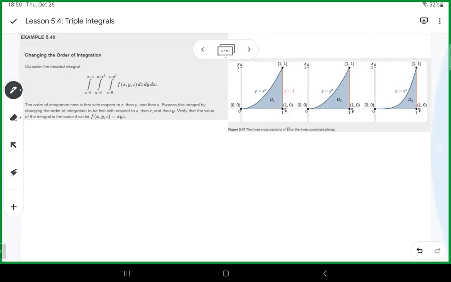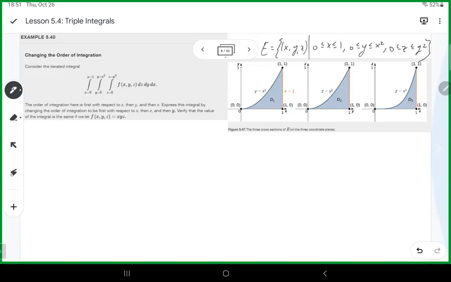Very good. So here is what we know for our E. We have X, Y, Z. We have 0 to 1 for our X. We have 0 to X squared for our Y. And we have 0 to Y squared for our Z. Okay.